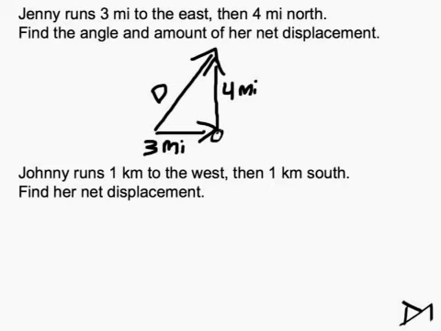And our net displacement, that vector D, starts at the tail of the first vector, the 3-mile vector, and goes out to the head of the last vector, the 4-mile vector. So we add 3 miles plus 4 miles perpendicularly.